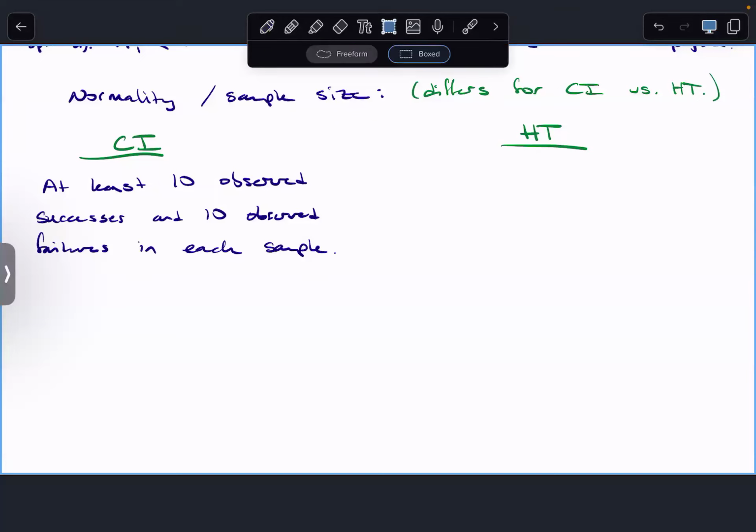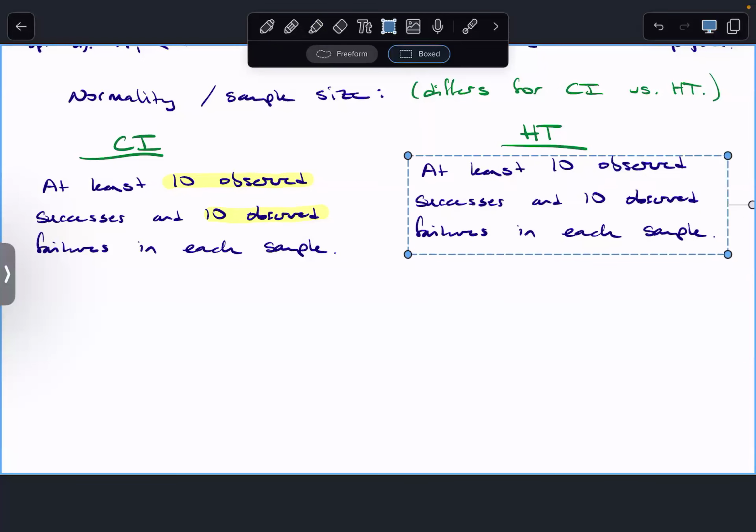Okay, I'm going to copy this because I'm going to have that on the other side as well with some changes. 10 observed successes and 10 observed failures, right? That's what you need to remember, okay? And of course, the at least is important, but hopefully you'll remember that.